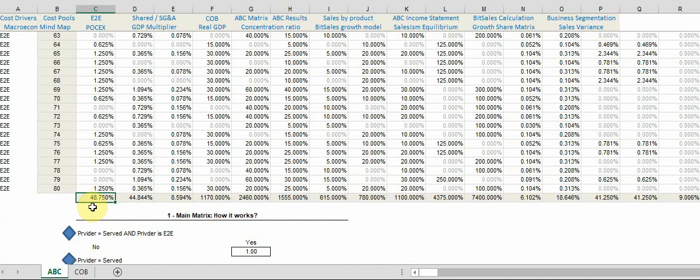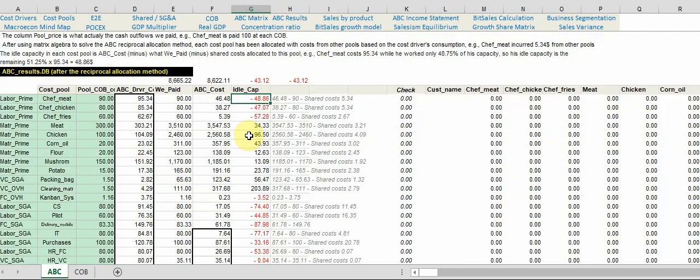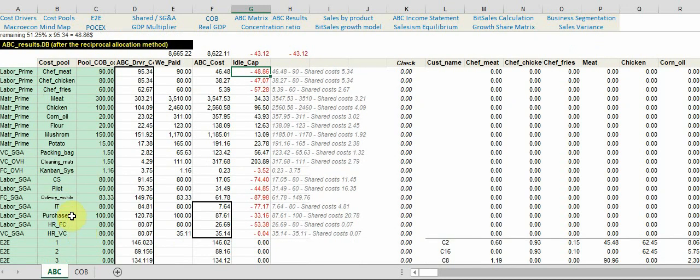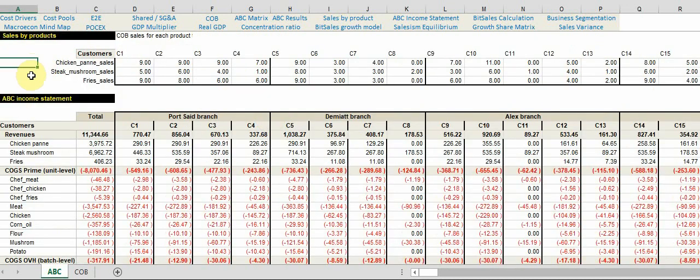That is the idle capacity of this resource. This is reflected here. There is an idle capacity for the chef meat for this amount, without enough demand to cover, and so on for all the labor of fixed cost pools, like the chefs, the CS, the pilot, the staff in purchases, IT, HR, and so on. Sales by product table for the COP sales for each product to each customer.